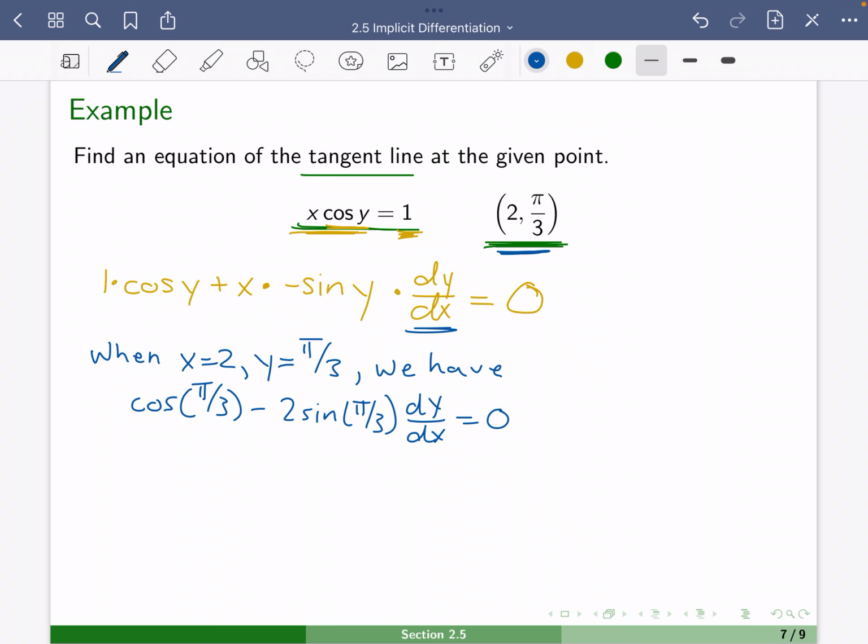Cosine of pi over 3, that is 1/2. Sine of pi over 3 is root 3 over 2.